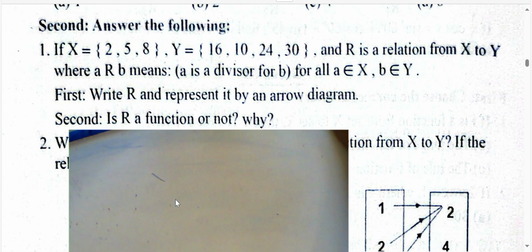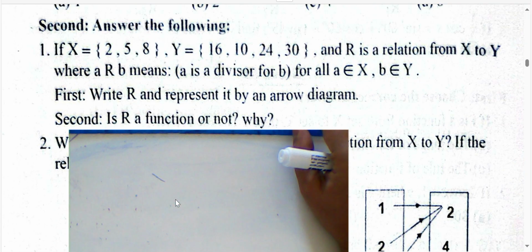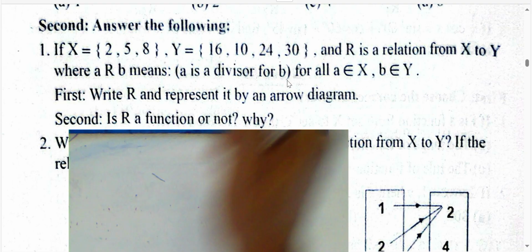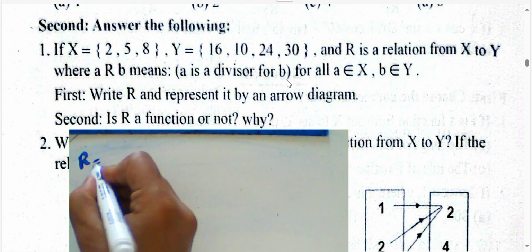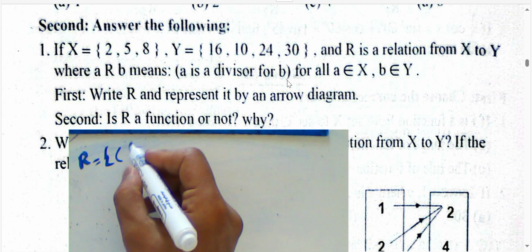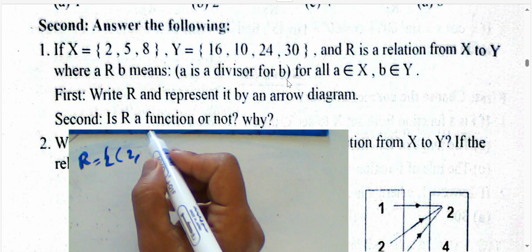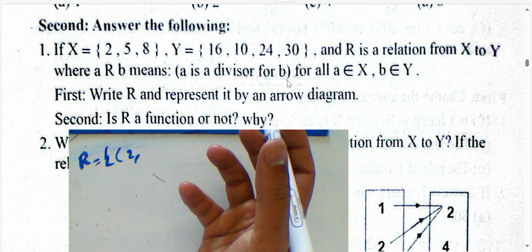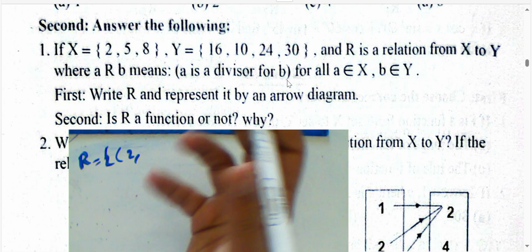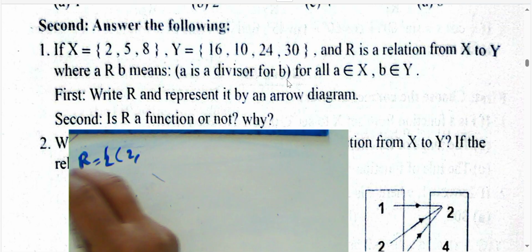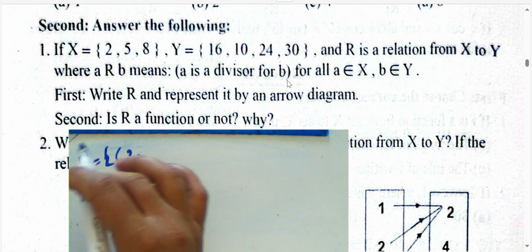So the following question. We have x and y, and the relation between them means A is a divisor of B. We can write the relation here like 2 is a divisor of 16. Divisor of means each element in y can be divided by elements in x with no remainder.